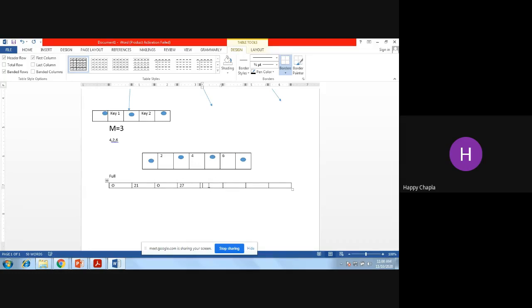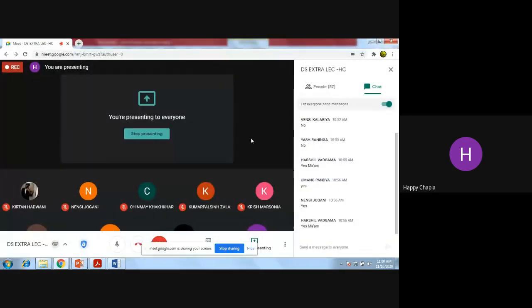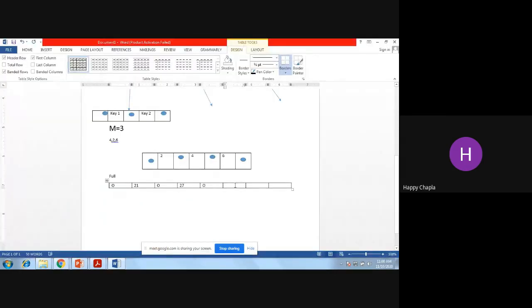Is it visible now? Is my Word file visible to you? Yeah, this is 34, pointer, 45, pointer, 51 and pointer.